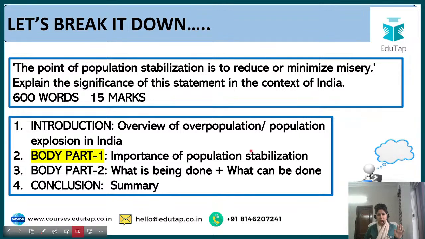On the other hand, if you control that population, then what are the benefits or what is the importance, which is specifically asked in the question. So you have to write about efforts of population stabilization and what can be their results. Your answer will take a more positive tone rather than talking about the harmful impacts of overpopulation.